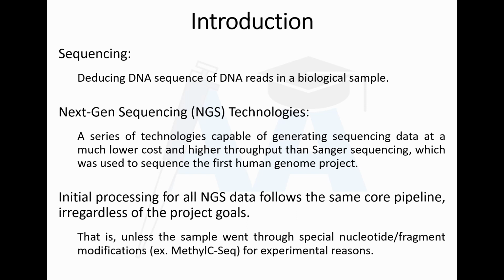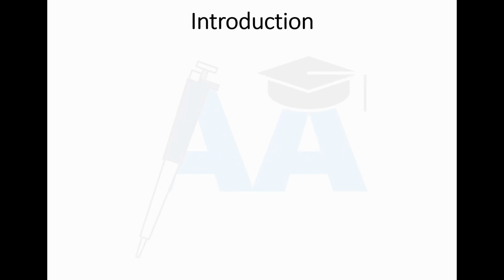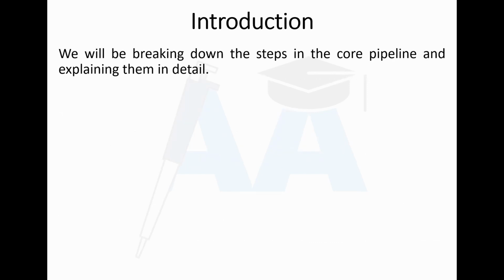Hopefully, by understanding what the data looks like at each stage of the core pipeline, you'll be able to understand why it doesn't work for certain kinds of data, and how the pipeline would need to be tweaked for it to work.